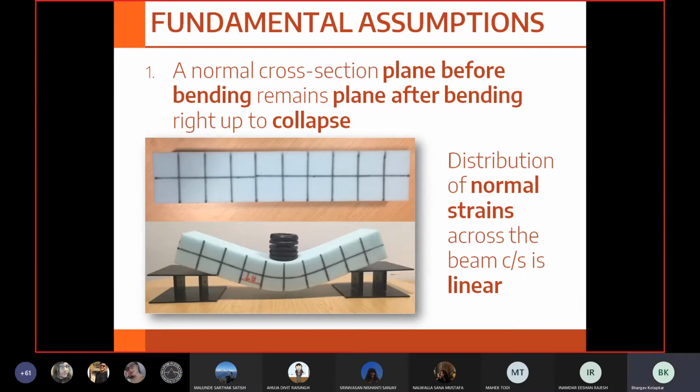What it means is that the compressive strain at the top is exactly equal to the tensile strain at the bottom. So the reduction in the distance between these two lines is equal to the increase in the distance between these two lines. What it means is that the strains at points that are equidistant from the neutral axis are the same. The only thing is one is a compressive strain, the other one is a tensile strain. But the strains are the same, the numbers are the same.